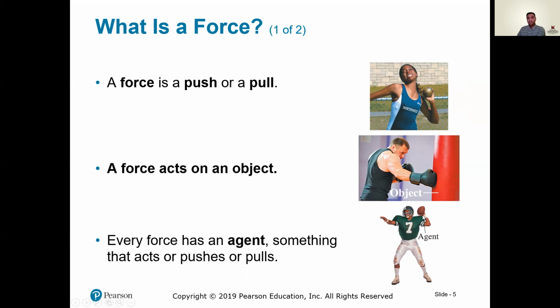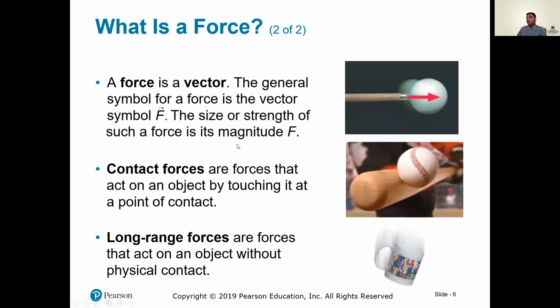If you want to know what the agent is, just see who is holding it. The hand is holding the ball. So that's why the agent is the hand. Similarly, if you think about this baseball bat and the ball, the agent here is the baseball bat.